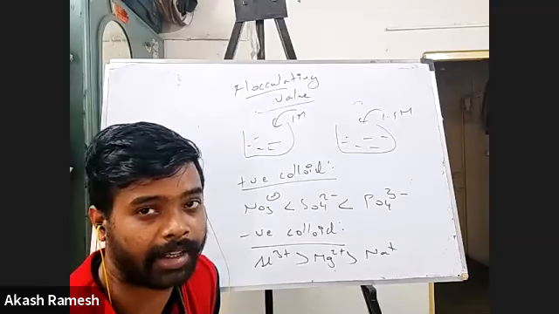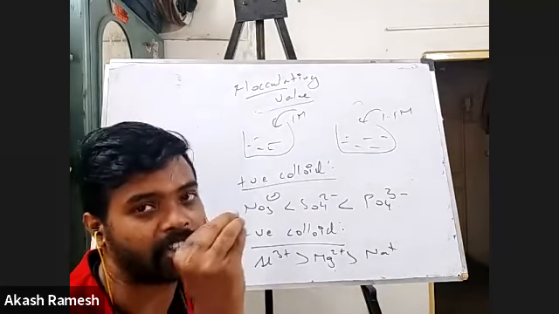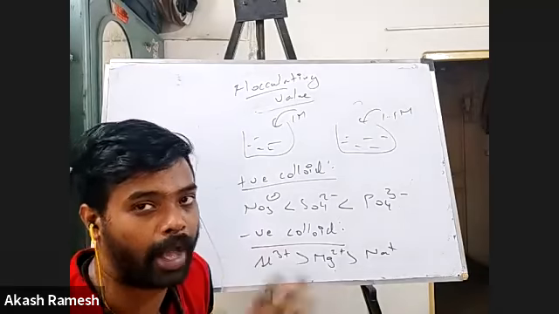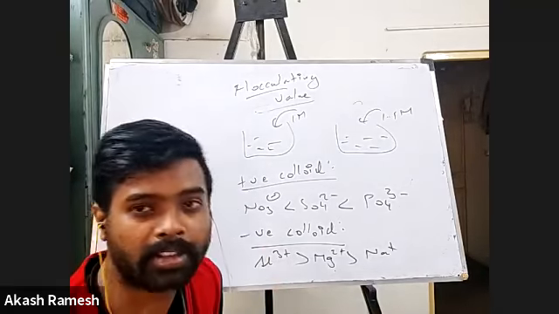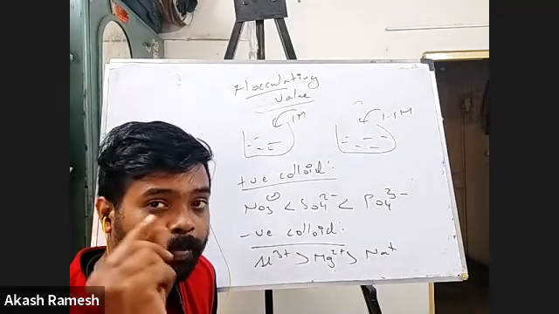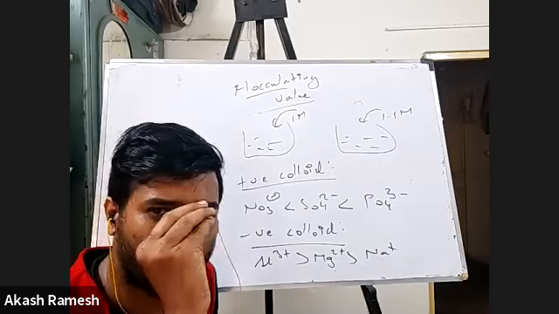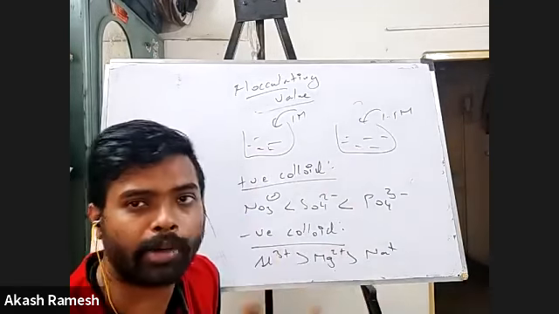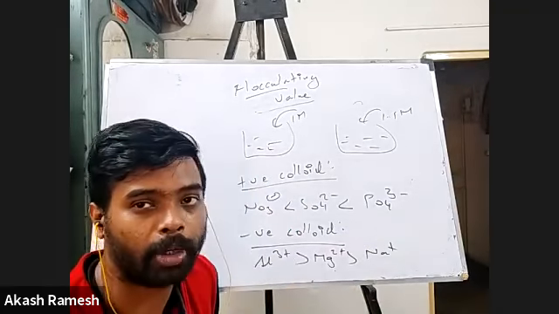Correct, exactly right. Whichever electrolyte can do the coagulation with minimum concentration has the higher coagulating power. With smaller amounts itself, it should be able to coagulate.